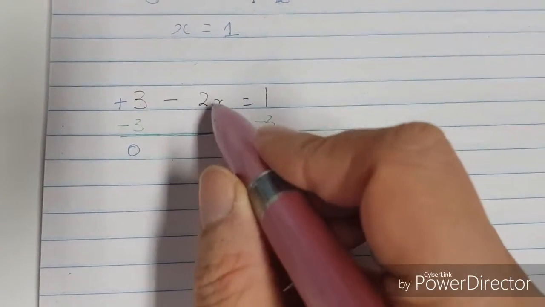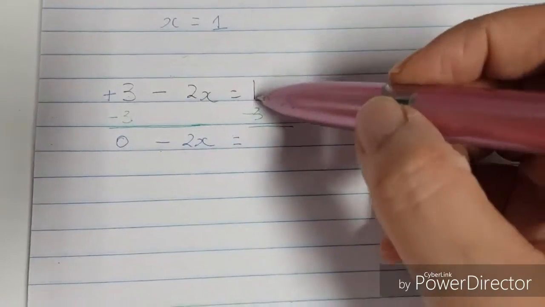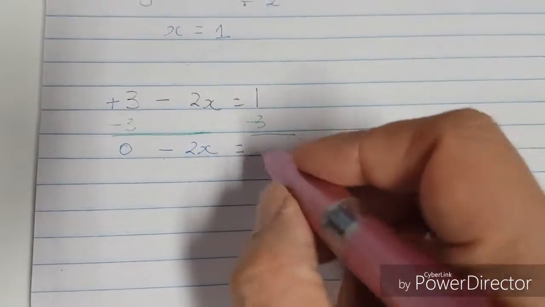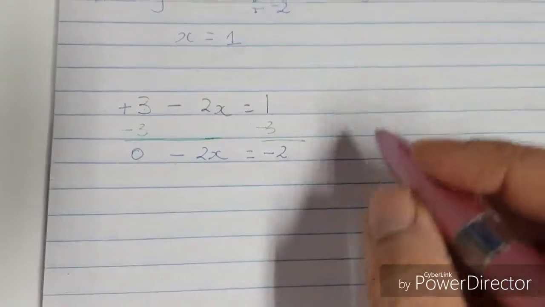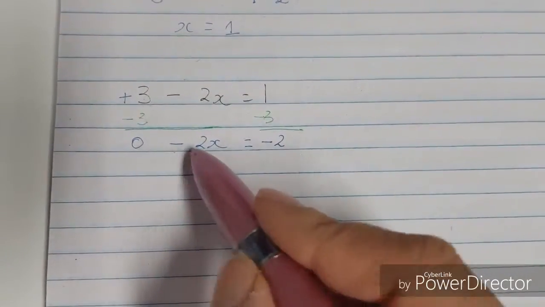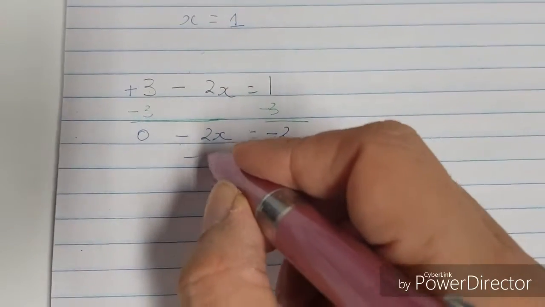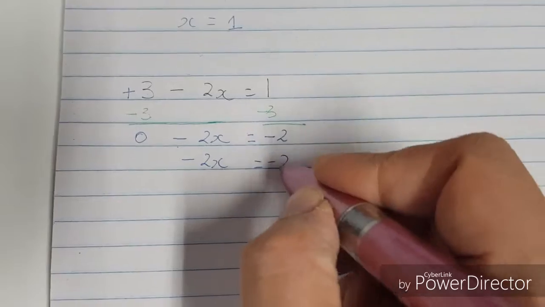And then the -2x, you're not adding anything to it, so you've got -2x still there. Then you've got 1 take away 3, that gives you -2. So what we've got here is 0 take away 2x equals -2. This is the same as if we just had -2x equals -2.